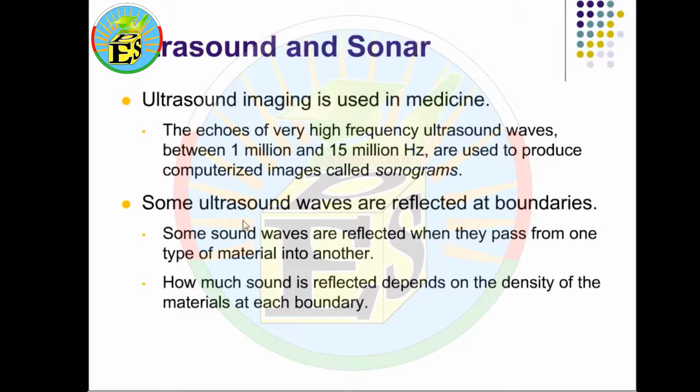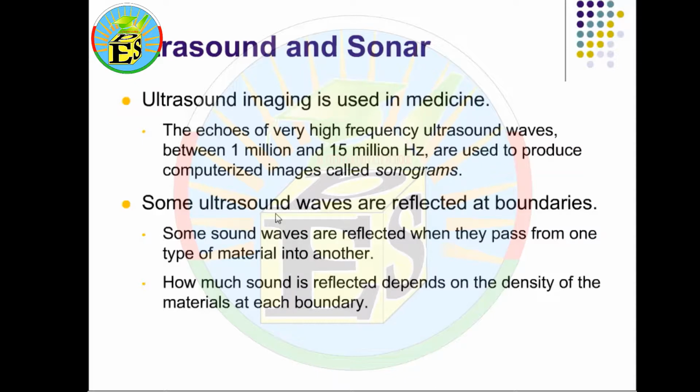Some ultrasound waves are reflected at boundaries. Some sound waves are reflected when they pass from one type of material to another, and how much sound is reflected depends on the density of the materials at each boundary. It means ultrasound penetrates some materials, but this depends on the density of the material.